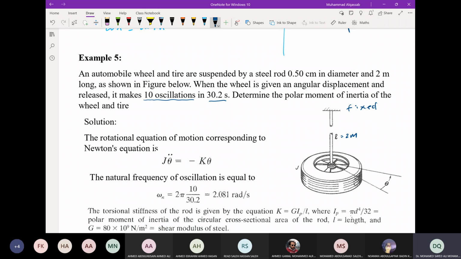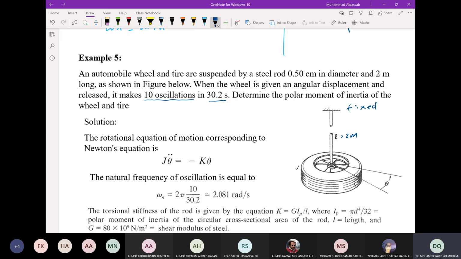So you allow it to oscillate for 10 oscillations, record the time for 10 oscillations, then divide by 10. The period of oscillation will be 30.2 divided by 10, which is 3.02 for one cycle. You don't get this accuracy if you take the time for one cycle experimentally, so you take 10 oscillations and it gives you the average.